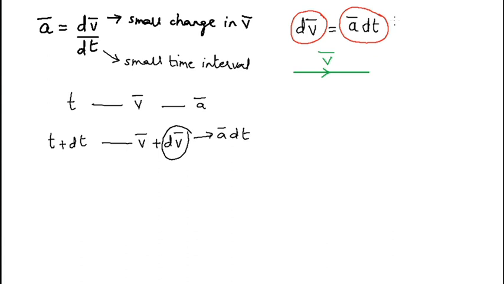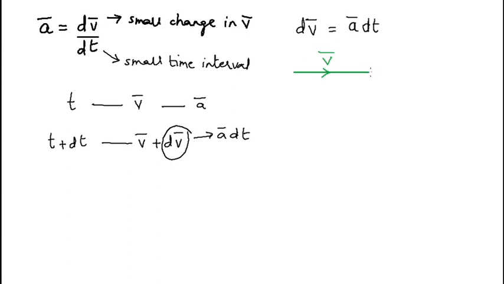So what we are effectively saying is that a bar dt must point in the same direction as v bar, and since dt is a positive time interval, that essentially means that this vector a bar is in the same direction as v bar. We are starting with a simple case where a bar is in the same direction as v bar. Now I'm going to draw this a bar dt, which is dv bar, the change in the velocity.